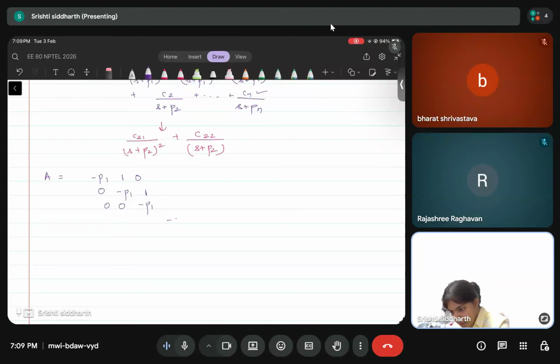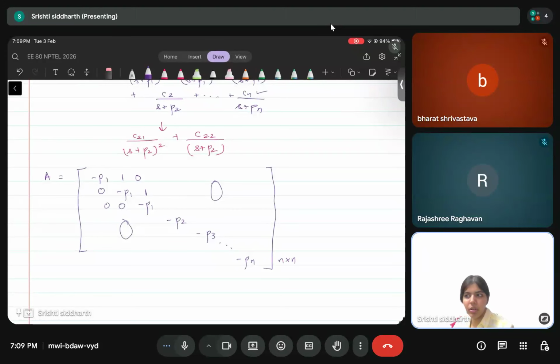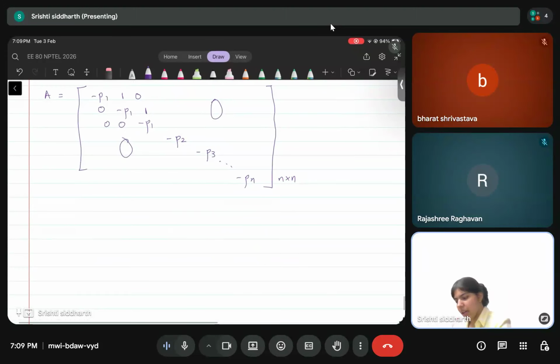Then p2 is just, let's say, only these ones. Then minus p3 up to minus pn, 0s everywhere else. This is going to be an n-by-n matrix. B again is going to be just ones in the column vector, and C would depend on the coefficients. This is c1 to cn, and D is again b0.